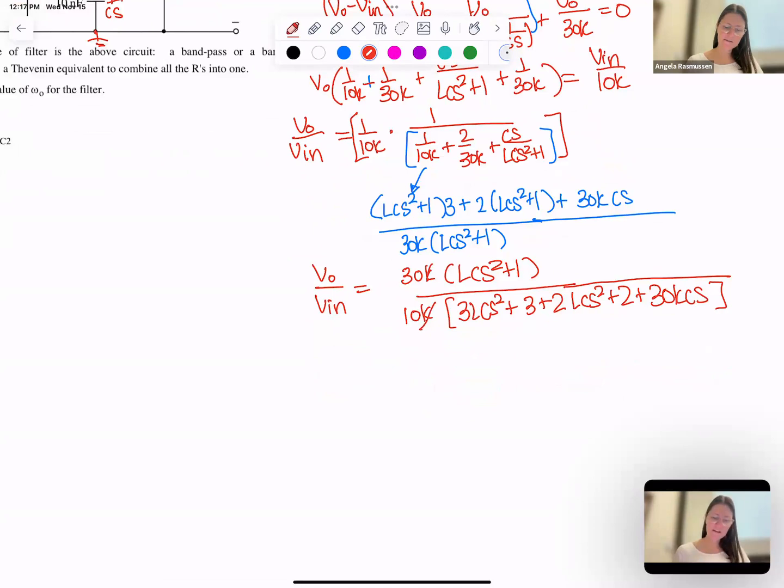And the K's cancel, and the 10 goes into this to just leave a 3 on the top.